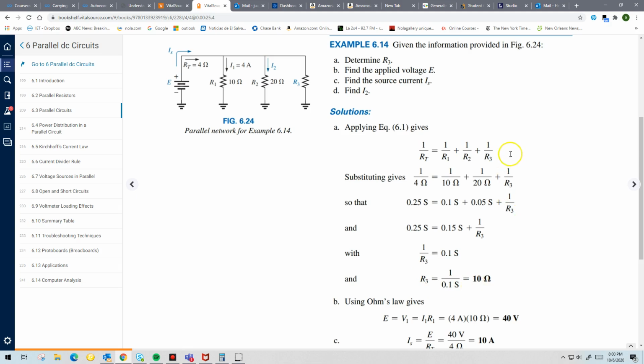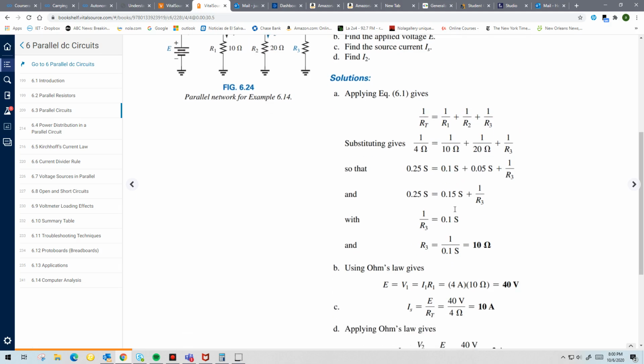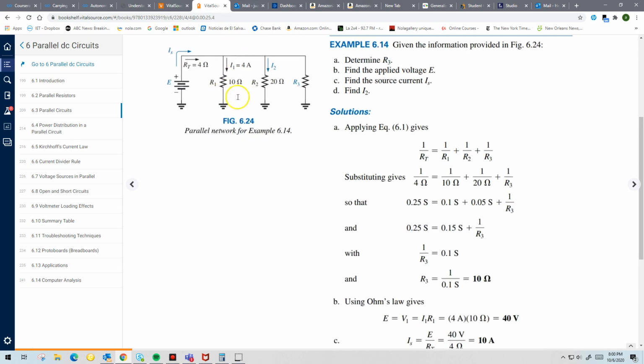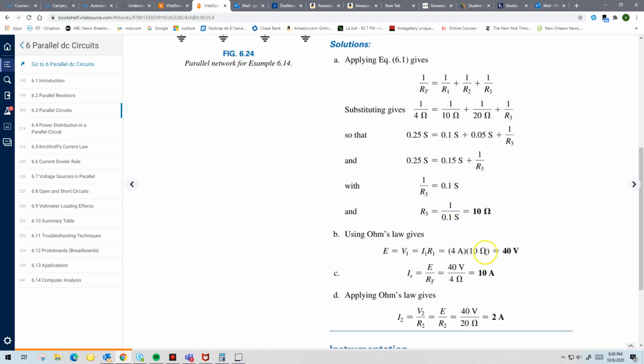Then from Ohm's law, like I said before, if you look at this resistance, it's just the product of the current and the resistance. So it's just 4 amps times 10 ohms, which gives you 40 volts.